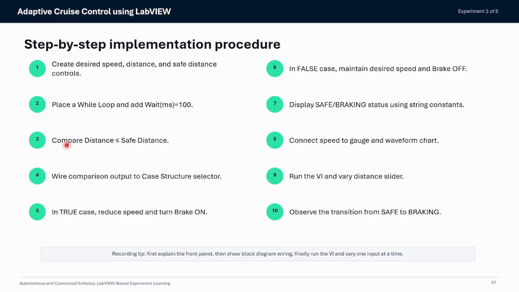We take another true or false condition to apply the brake or display the safe braking. We use the indicator to display the values on the waveform chart. Then run the VI and vary the distance slider, so we observe the transition from the safe to the braking condition. These are the various steps to follow.